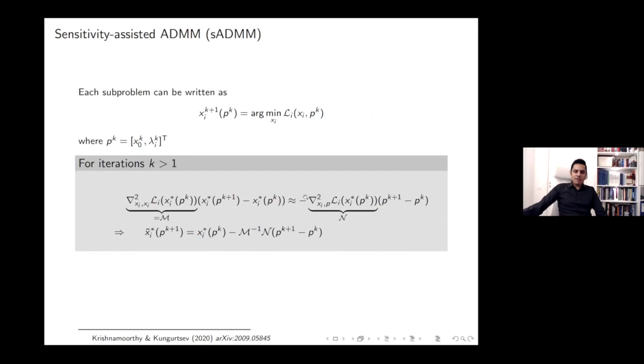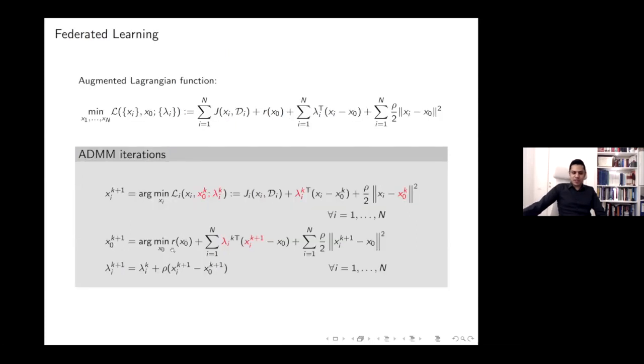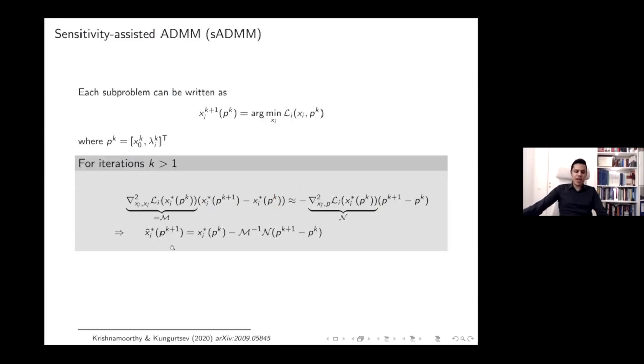So once we have a solution for a given iterate pk, and the parameters here are basically x0 and lambda i, we can then approximate how the solution would change at the next iteration when the parameter value is changed. So that's the main idea of the sensitivity-assisted alternating direction method of multipliers.